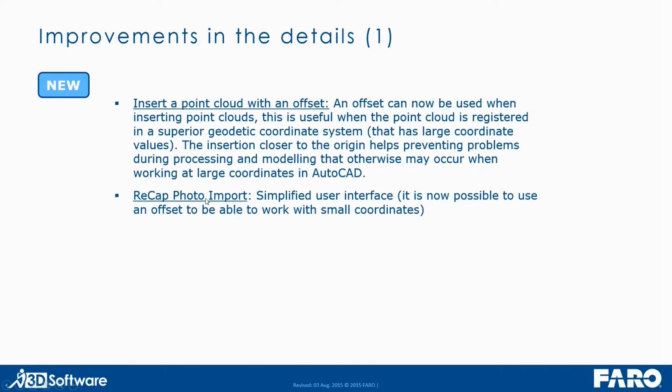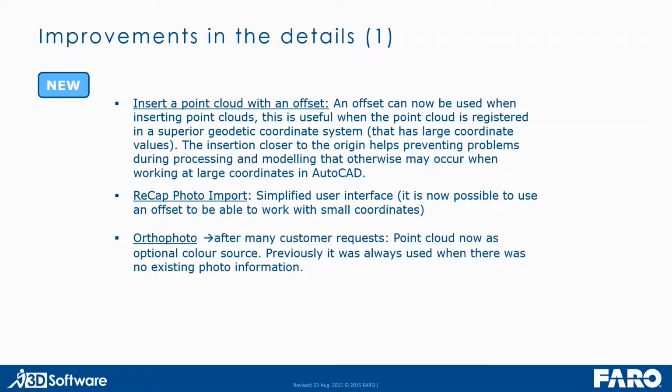And the recap photo import has been revised a little bit. In the auto photo tool, we have added an option to use the point cloud information in addition to the photographs.